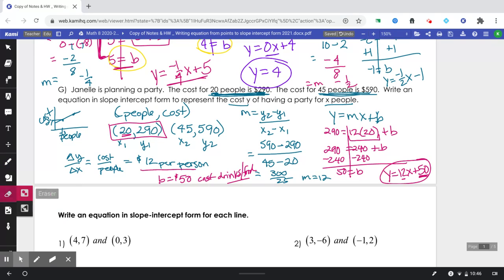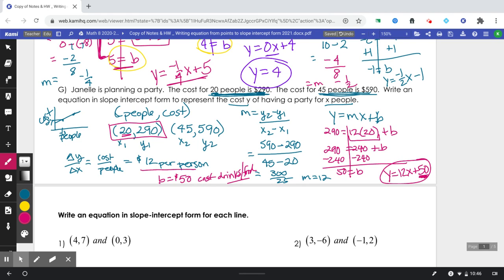So it doesn't tell us specifically where they're having the party, if they're at a house, if they're at a hall. So, these things could vary.